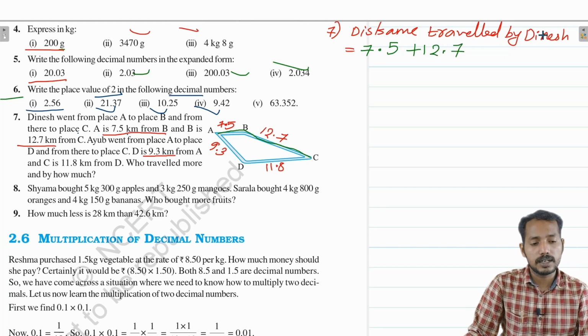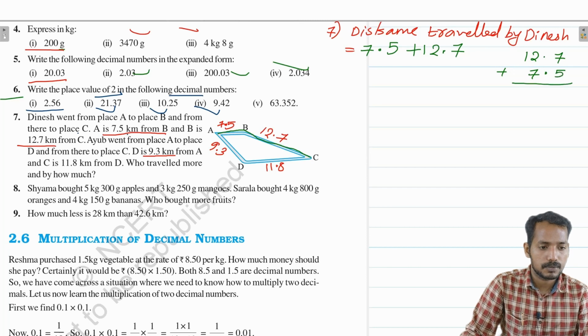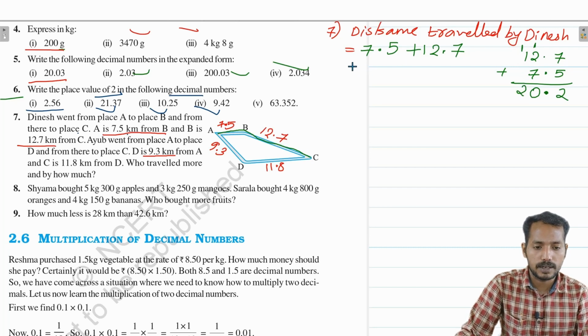We already know how to add decimal numbers, so let's add that. 12.7 plus 7.5. 7 plus 5 is equal to 12. 1 is carried. Keep the decimal point here. 1 plus 2, 3. 3 plus 7, 10. Then the ones digit is 0. Again carry 1. 1 plus 1 is 2. So the answer will be 20.2 kilometer.